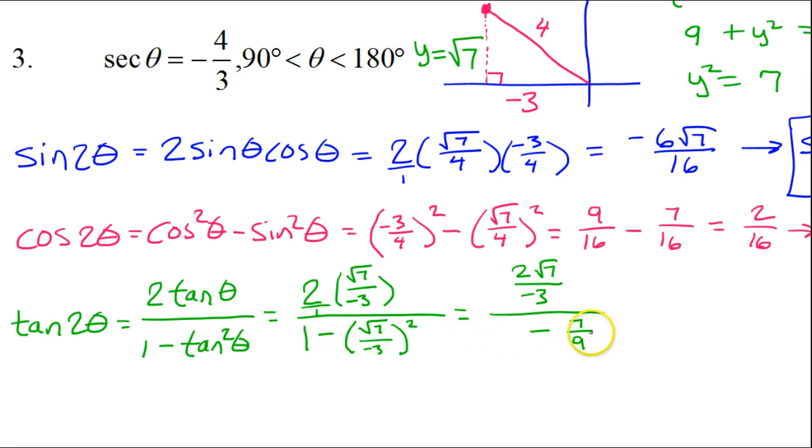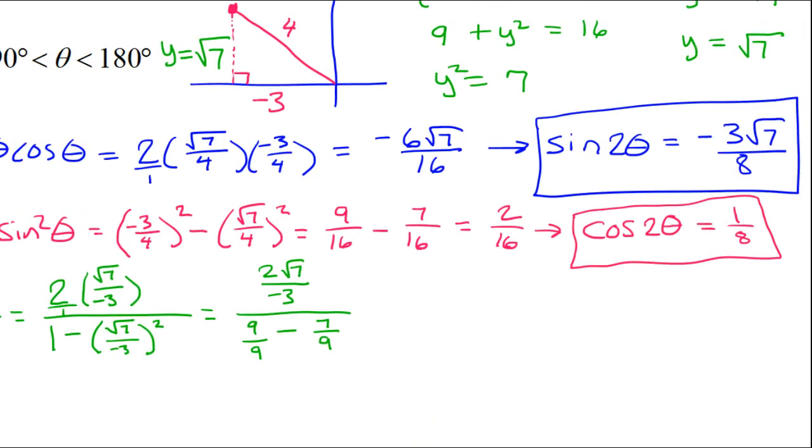And now the 1. I need like denominators, so I'm going to write the 1 as 9 over 9 so that I have like denominators. Okay, so in the numerator, I still have 2 radical 7 over negative 3. And this will be 2 over 9.